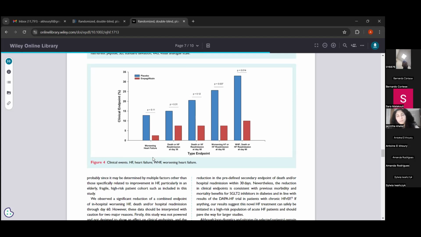And you can see here that we have a very strange endpoint with worsening heart failure plus death or heart failure readmission. So the weight of each parameter of this composite endpoint is very different and they are all driven by worsening heart failure, which is, as I said, subjective, not numbers, okay?